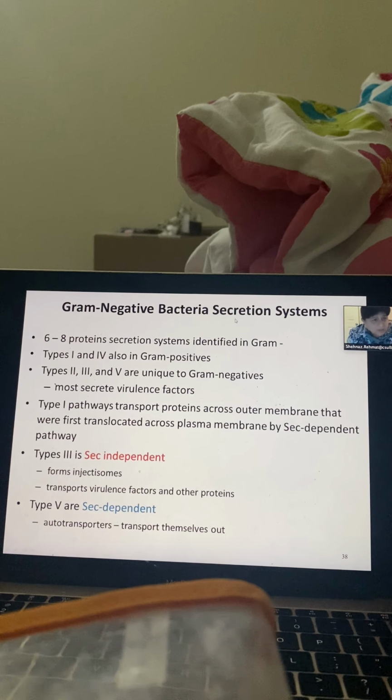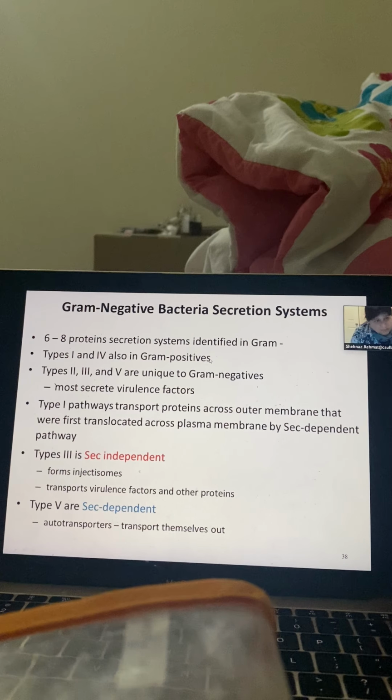So again, we talk about these secretion systems. So 6 to 8 different secretion systems have been identified in gram-negatives. So gram-negatives definitely have more because of this outer membrane that they have. Of these 6 to 8 that have been identified, and more have probably been identified by now, types 1 and 4 are also found in gram-positives.